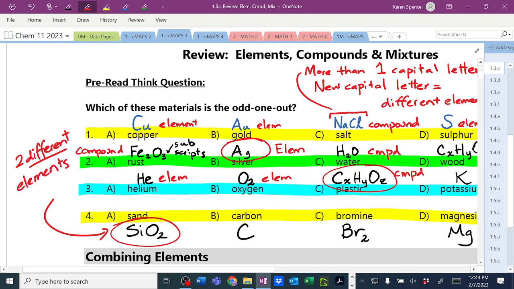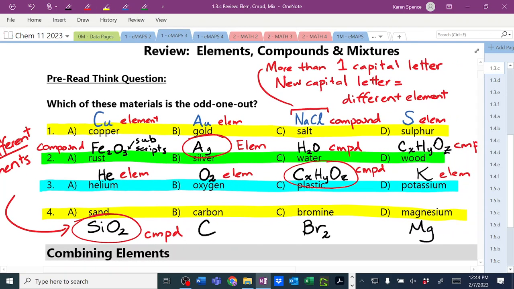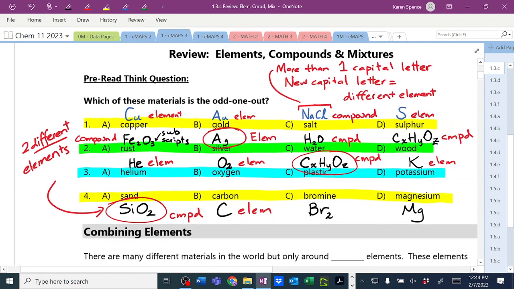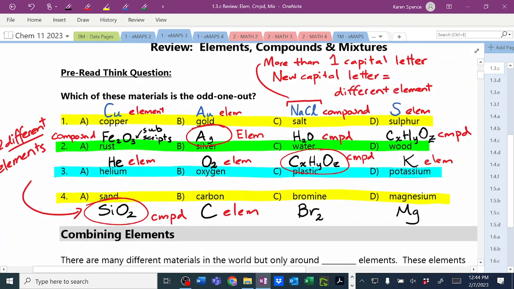Because it is made of two different elements, it is a compound. And of course, I've been abbreviating compound as CMPD. That means the rest of them are all elements because they only have one element. Even Br2, which has two Br atoms stuck together, is an element.